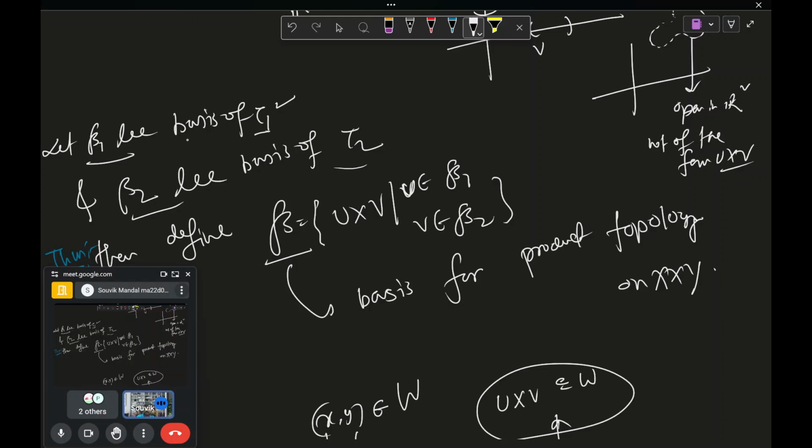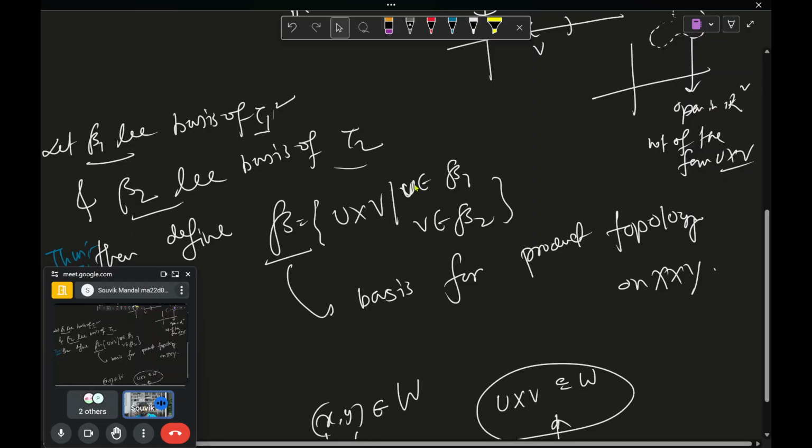So you are saying that any open set can be written as an arbitrary union of basis elements, right? Yes, sir. This is a consequence, but by definition, what is the basis element? So let me write it down.